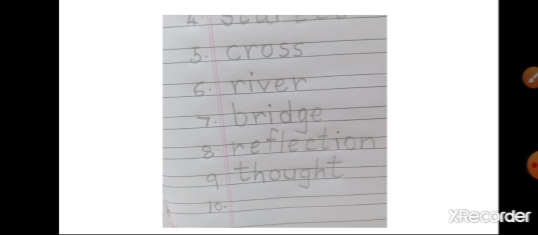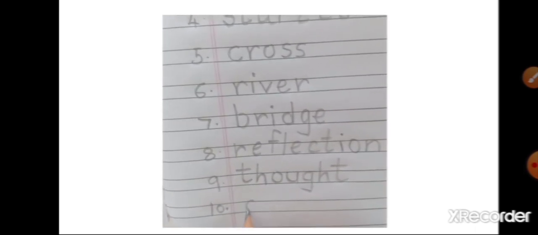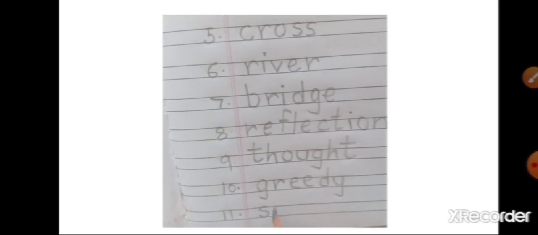T, H, O, U, G, H, T, thought. Then 10th word is greedy. G, R, E, E, D, Y, greedy. 11th word is shop. S, H, O, P, shop.